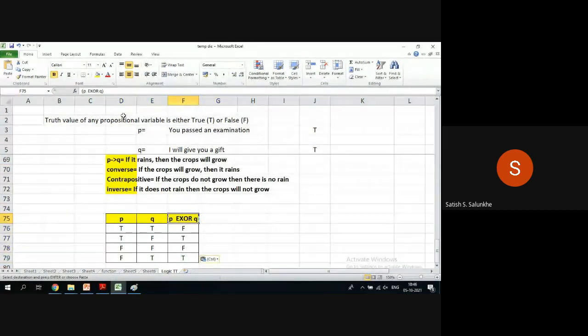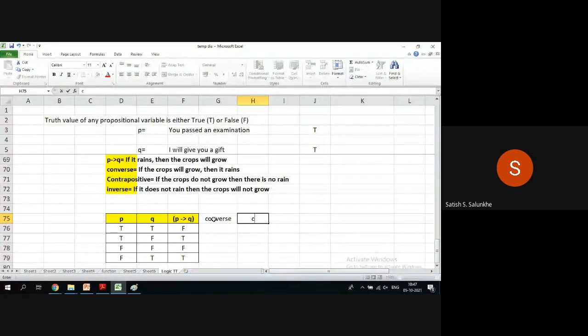This is P implies Q. So you need to have here converse, contrapositive. I'm just writing in words. You write in terms of notation. And the next is inverse.